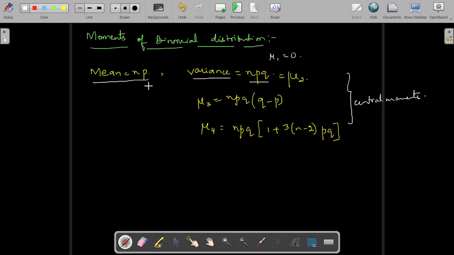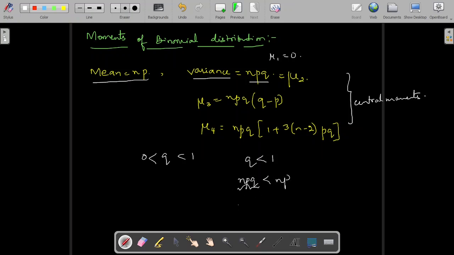Mean is given by np, variance is n into p into q. And one more thing: we know that q is a probability. Whether it is the probability of failure or success, a probability value is always greater than 0 and less than 1. So q is less than 1. Now multiply both sides by np: npq is less than np.